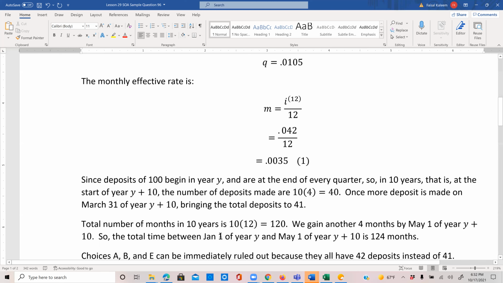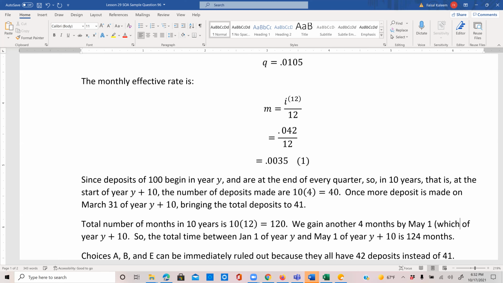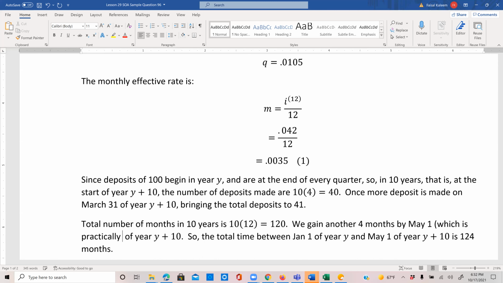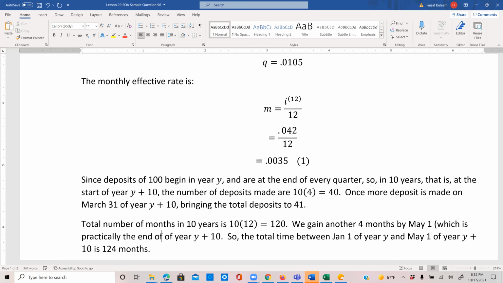Okay, so the number of months by May 1, May 1 is effectively the end of April, which is practically the beginning of May 1.